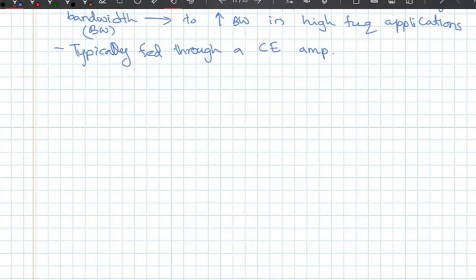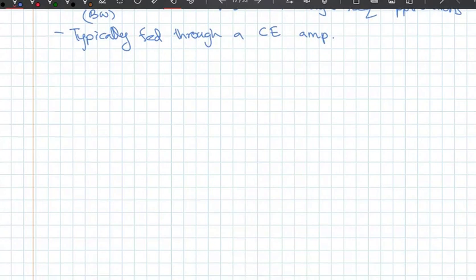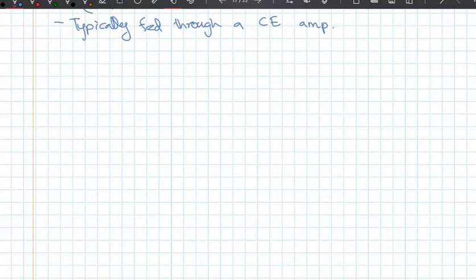These are the three different configurations that we are going to talk about, and we can summarize the properties of these here.